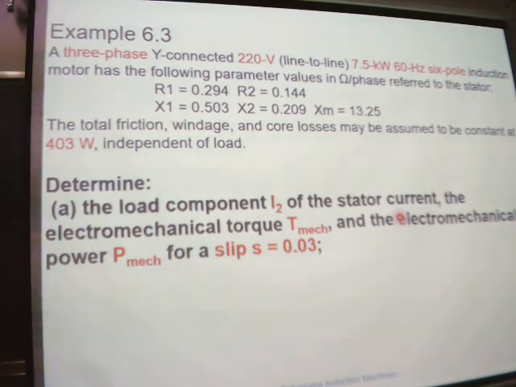Just as yesterday, we continue the practice from problem 6.2. But this time we have to find the load component I2. Yesterday we calculated the I2, but this time the slip is 3%.